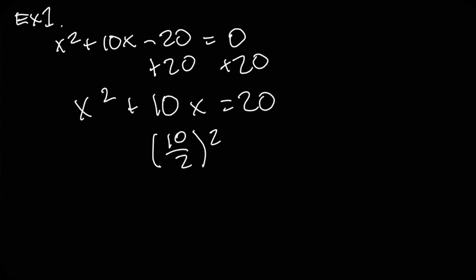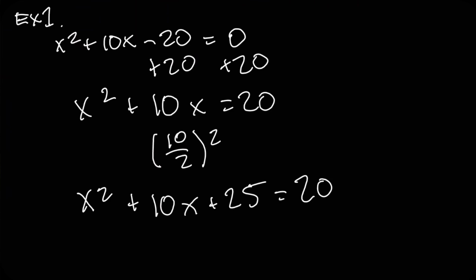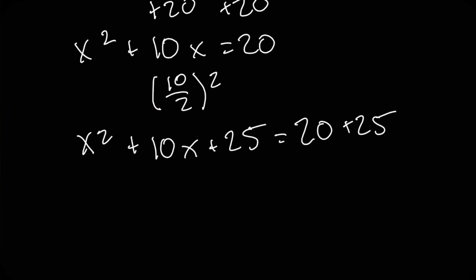So essentially what we'll have is x squared plus 10x plus 25 is equal to 20 plus 25, and this will give us 45, and then we'll be left with x plus 5 and then x plus 5.